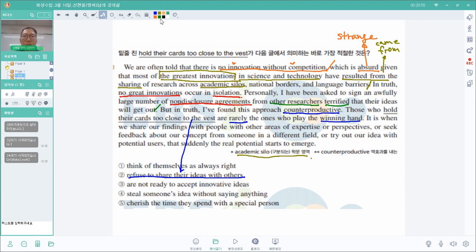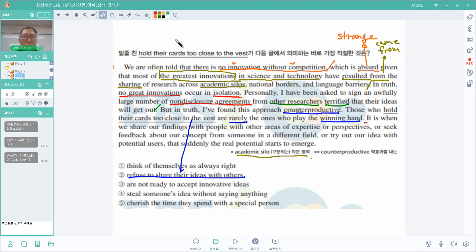Okay? So it is when we share our findings with people from other areas of expertise, or seek feedback about concepts from someone else, or try our ideas with potential users, that suddenly the real potential starts to emerge. So this is an emphasis style sentence.